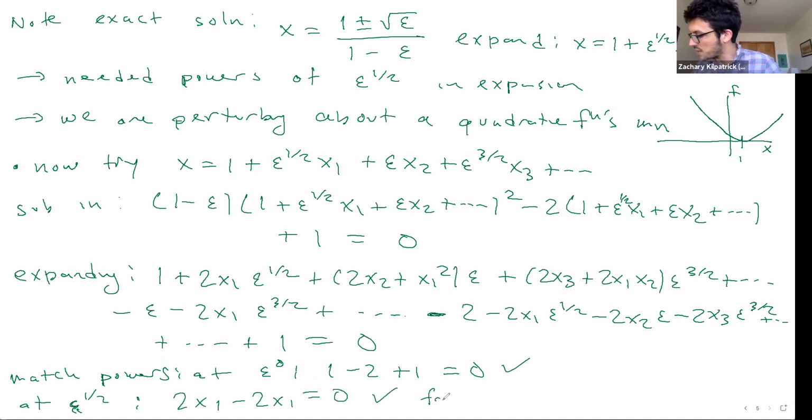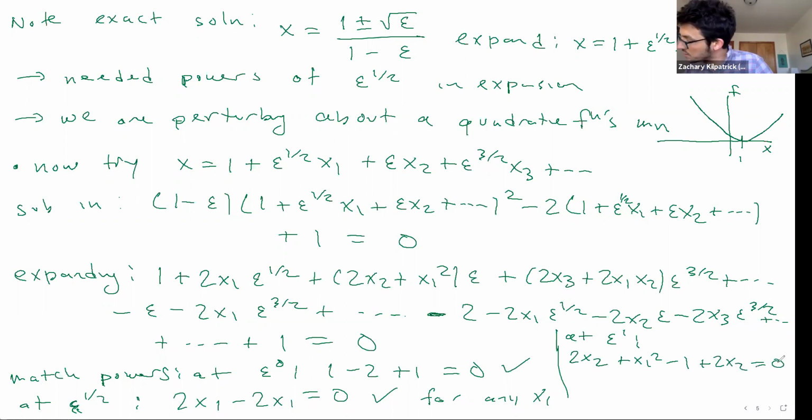And that works basically for any x1, okay? But now, I'm just going to try and have this all on one page. At epsilon to the 1, I end up with 2x2 plus x1 squared minus 1 plus 2x2 is equal to 0.